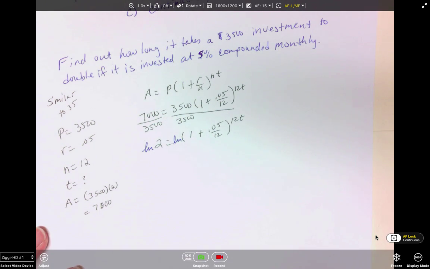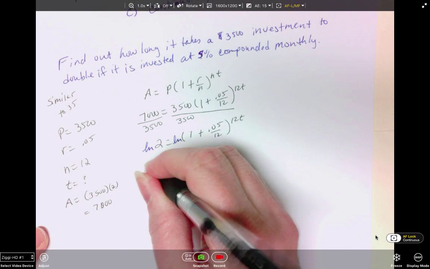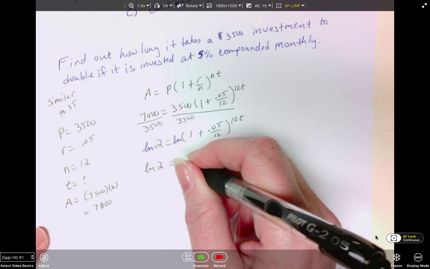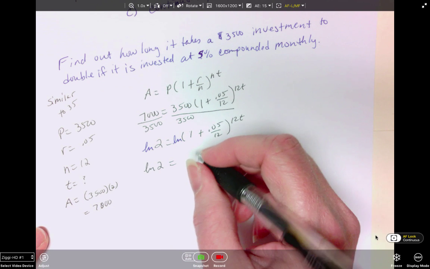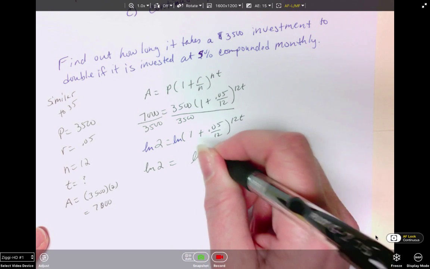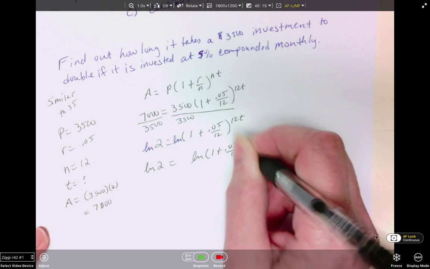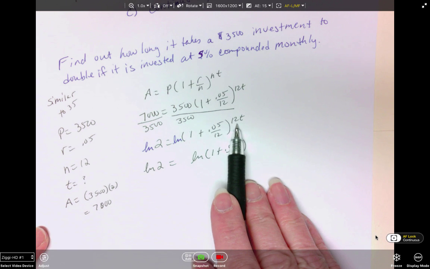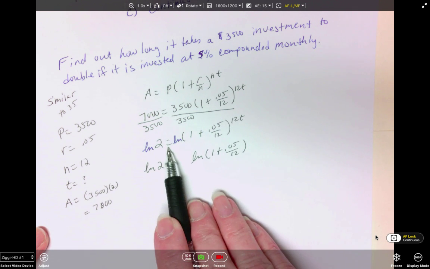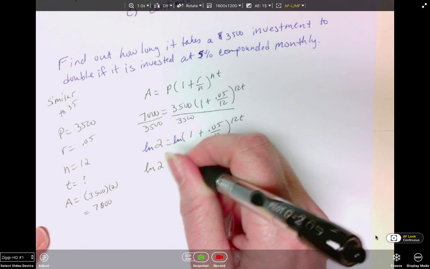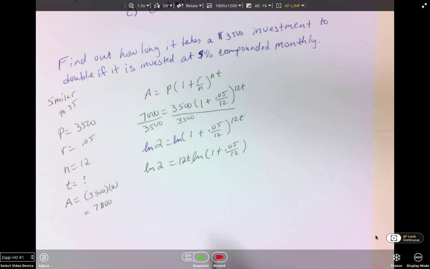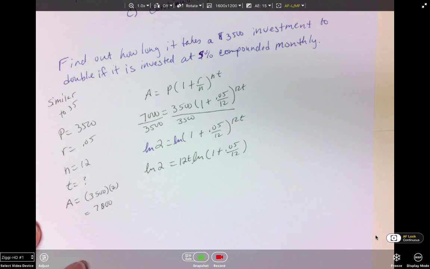So this will get us ln of 2 is equal to the ln of 1 plus 0.05 divided by 12. And we're going to take our 12t and bring it down front. So we're moving our exponent. Well, now we've got our t out of our exponent so we can actually solve for it.